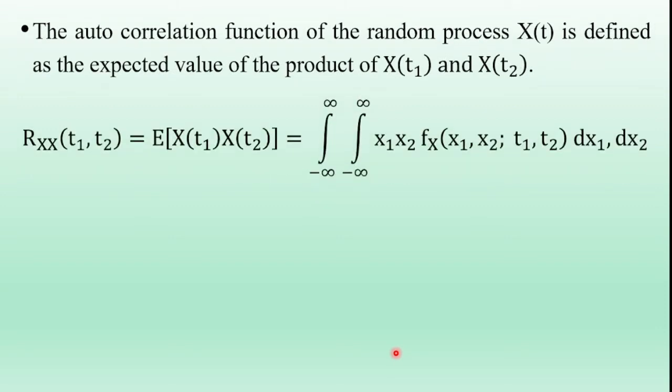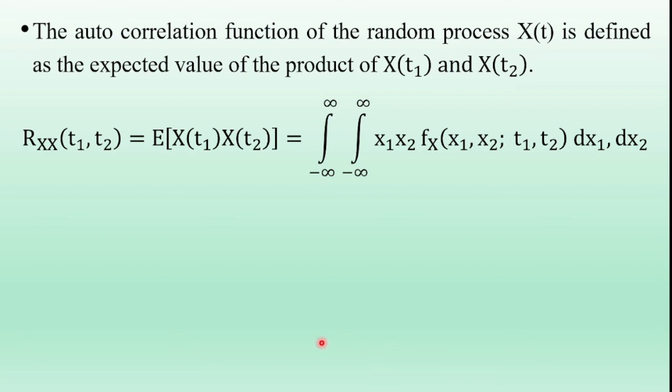Symbolically, the autocorrelation function of the random process x of t is denoted as Rxx of t1 comma t2. It is defined as the expected value of the product of x of t1 and x of t2.